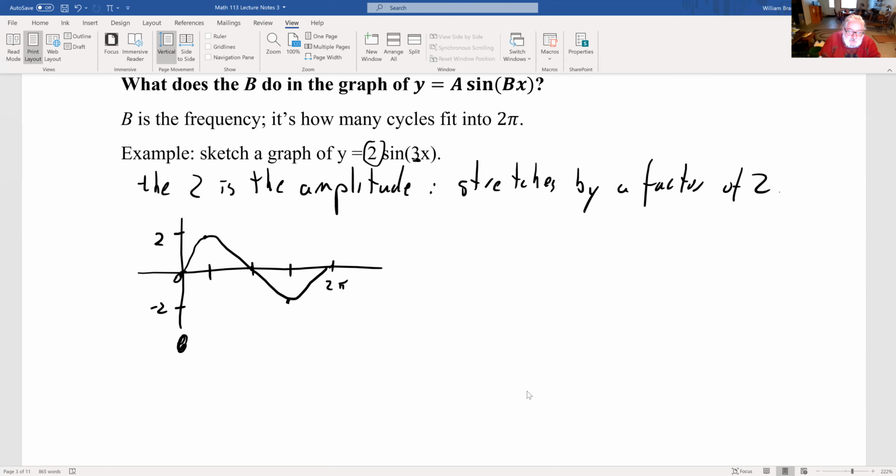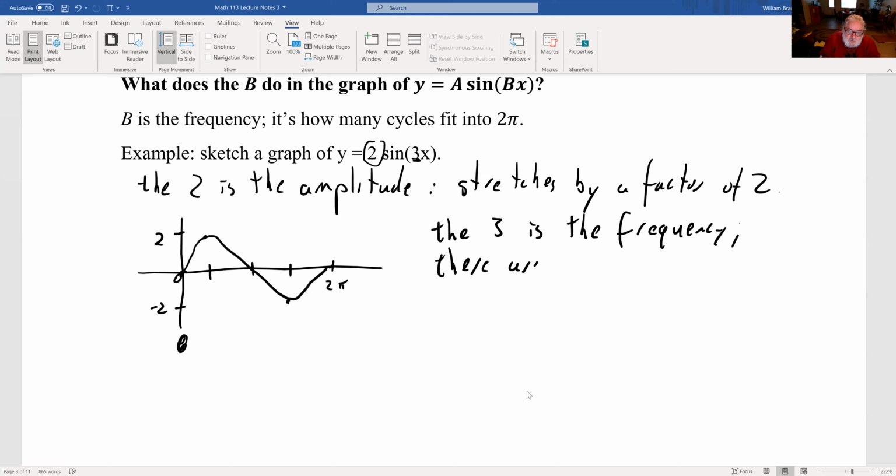So the 3 is the frequency. What that means is that in the space from 0 to 2 pi, we want to fit in 3 cycles instead of just 1, right?